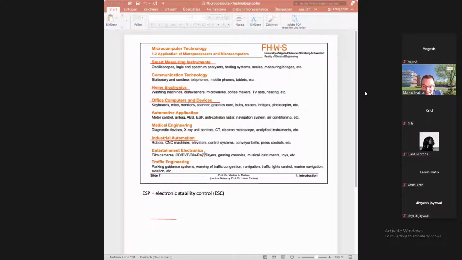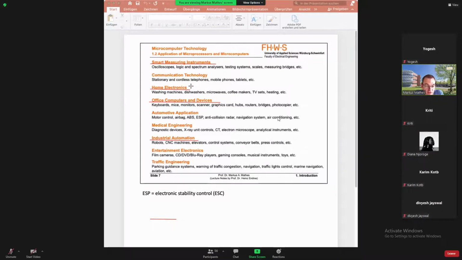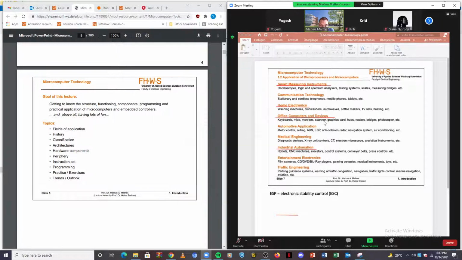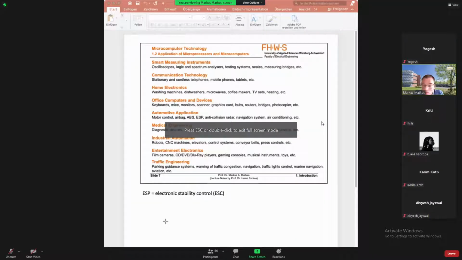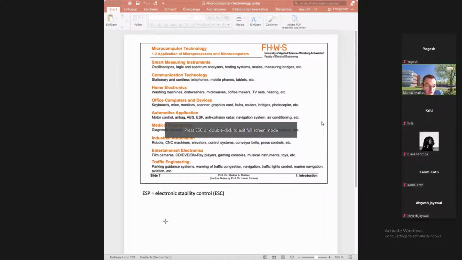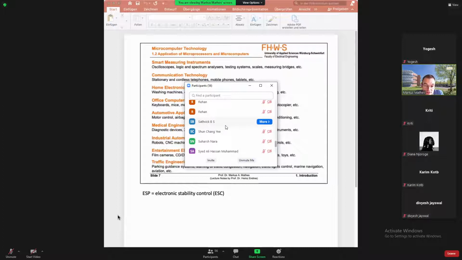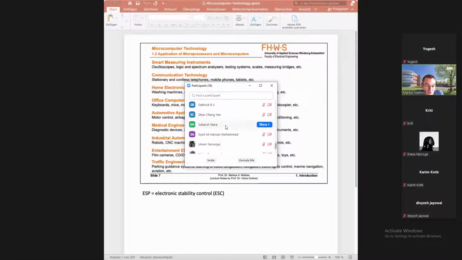Okay. Here are further fields of application. I think most of them you have already used or seen. You can imagine that everything needs, in the end, integrated circuits and microcomputers. And if the supply runs out, if there are no more chips, no more integrated circuits like at the moment due to the Corona crisis, then all of these sectors, all of these industries will get a problem.